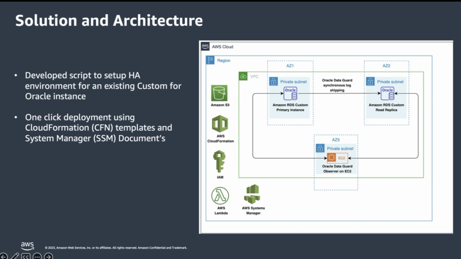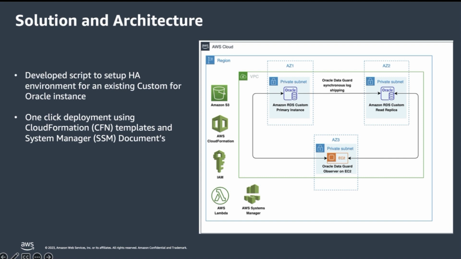Now one call out here is when a read replica is set up, by default it always uses asynchronous replication with maximum performance mode. Now for this solution we will make changes to the DG configuration. We will set up synchronous replication.